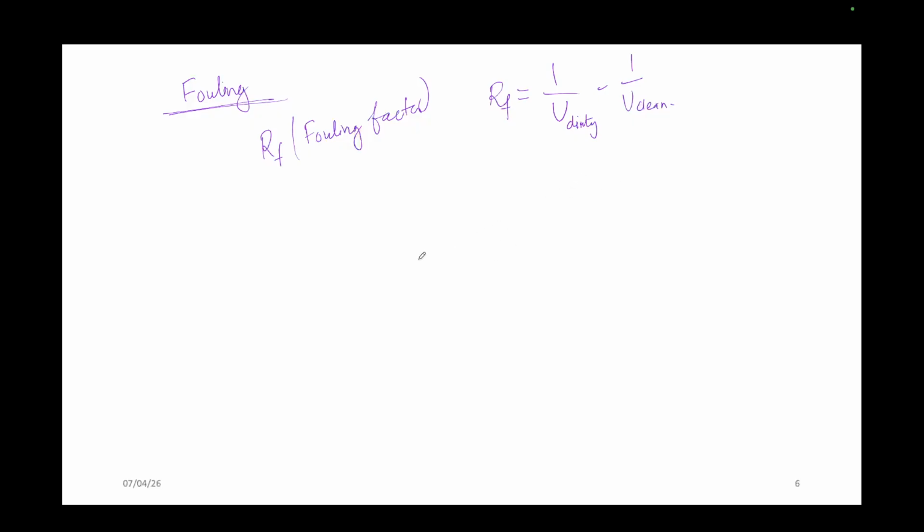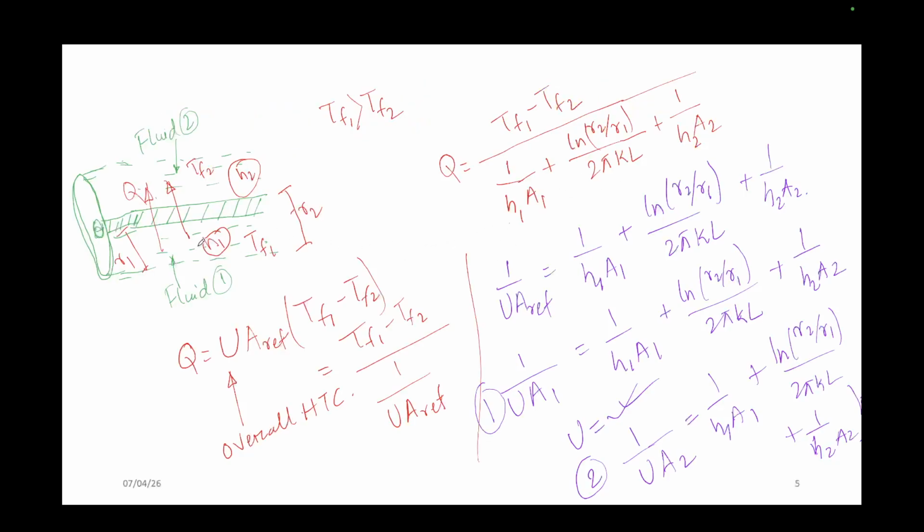So in the above thing you just see I write 1 by U A reference. This thing I have right now. So now can I write 1 by U dirty into A ref.